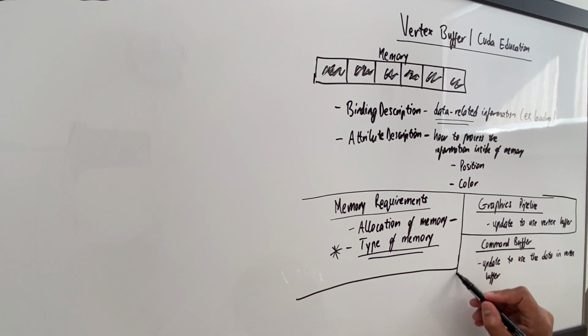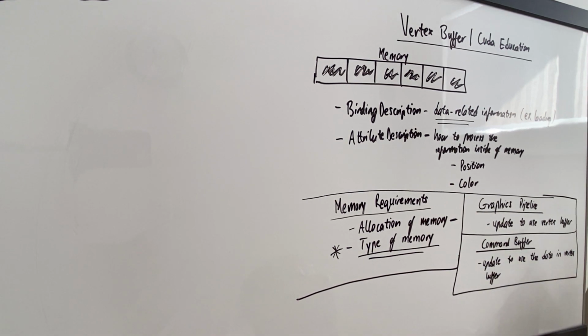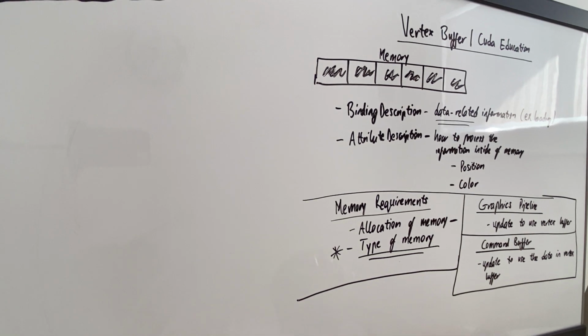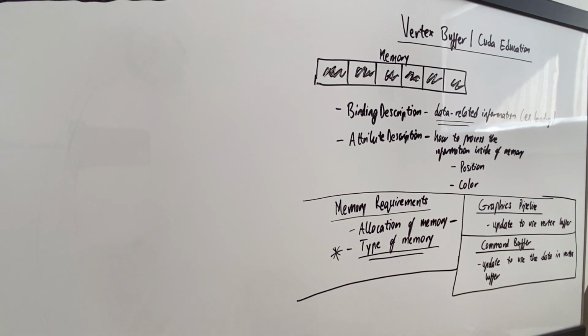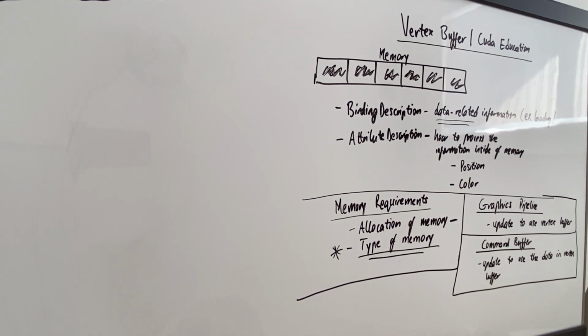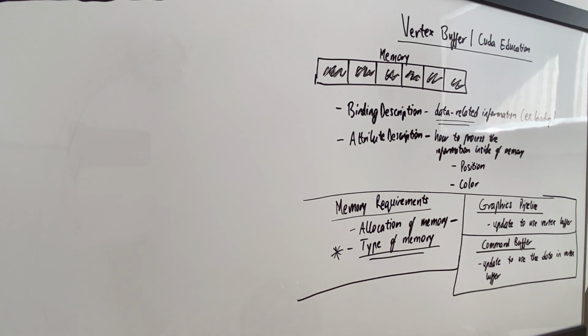Okay, so basically, unlike the hard-coded version of what we did, now we have to rewire the command buffer to say, hey, command buffer, we actually have a vertex buffer, and the data that you want is in there, and you need to use that data in order to do what you need to do. So that is pretty much a good general overview of the vertex buffer situation.